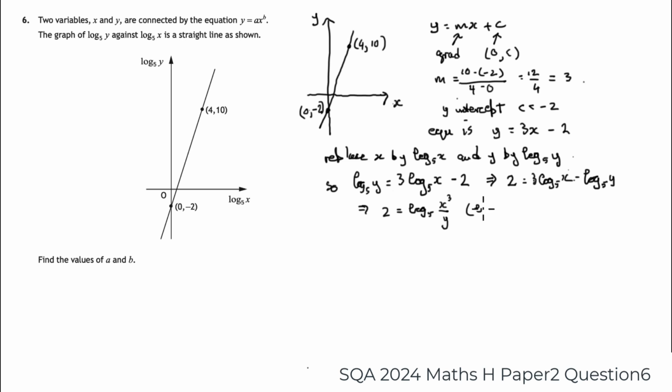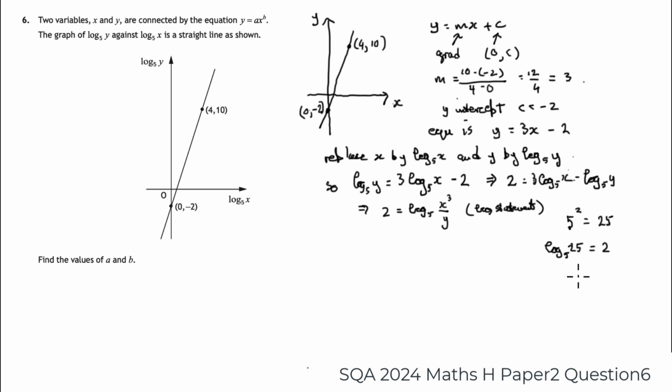Now, this is a log statement. And every log statement you make, like this, number equals log to a given base of another number, can be replaced by a power statement. For instance, there's a power statement, 5 squared is 25. And rewriting that in terms of logs, that's the base, that's the log is 2, and that's the number. So the log to the base 5 of 25 is equal to 2.